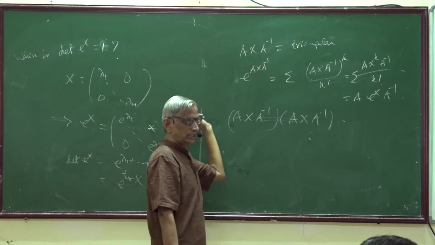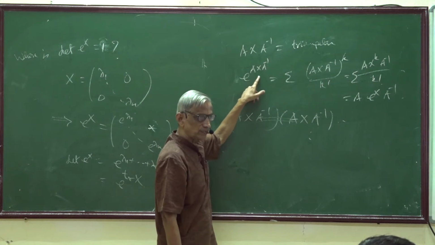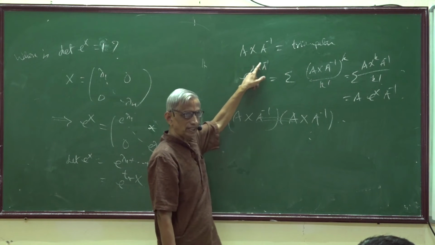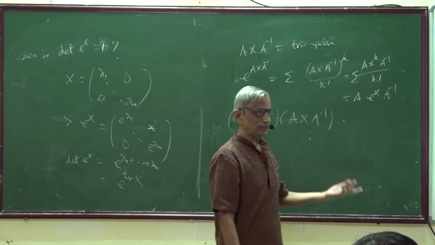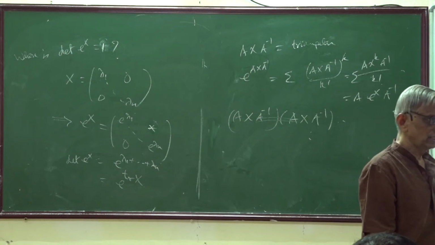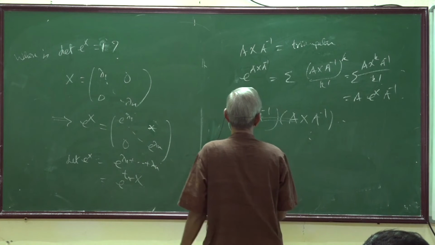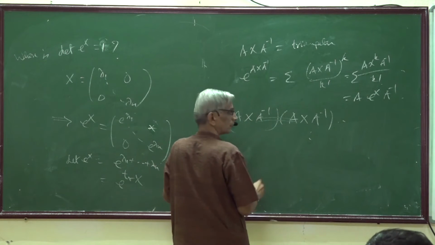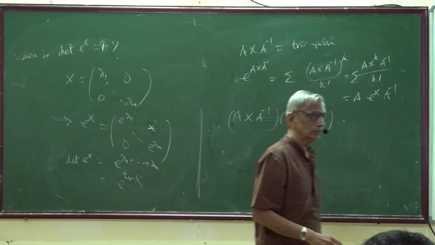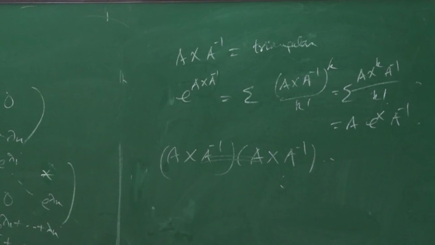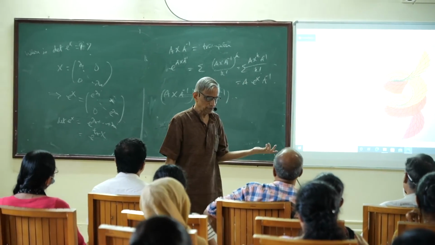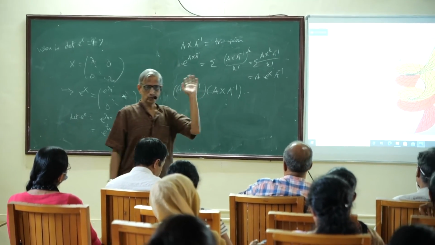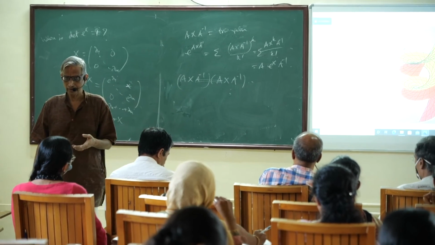So by what we have said here, it's going to be the trace of A inverse, right? So the trace of A inverse is the same as the trace of A, right? So all these quantities are invariant under similarity transformation. So the determinant is also going to be the same. The determinant of this is also going to be the determinant of A to the power x.